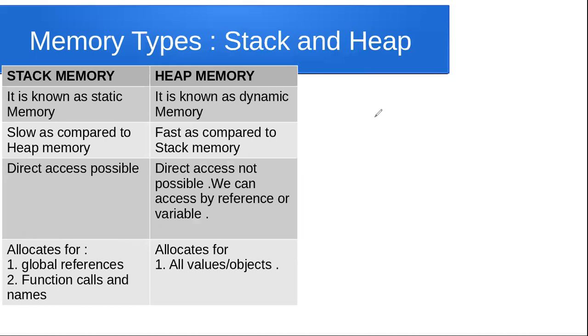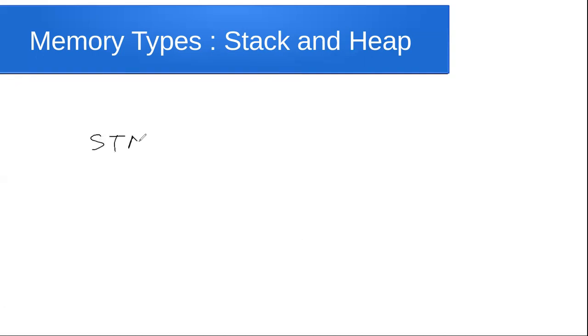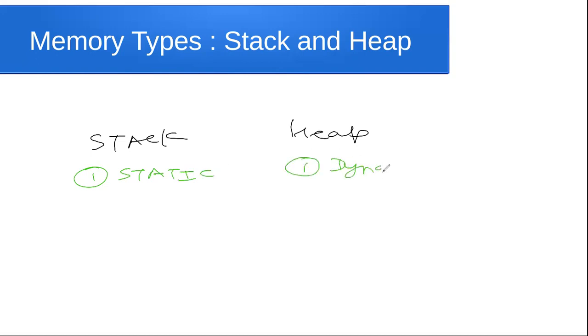This is the difference between stack memory and heap memory. Stack memory is also known as static memory. Heap memory is known as dynamic memory.